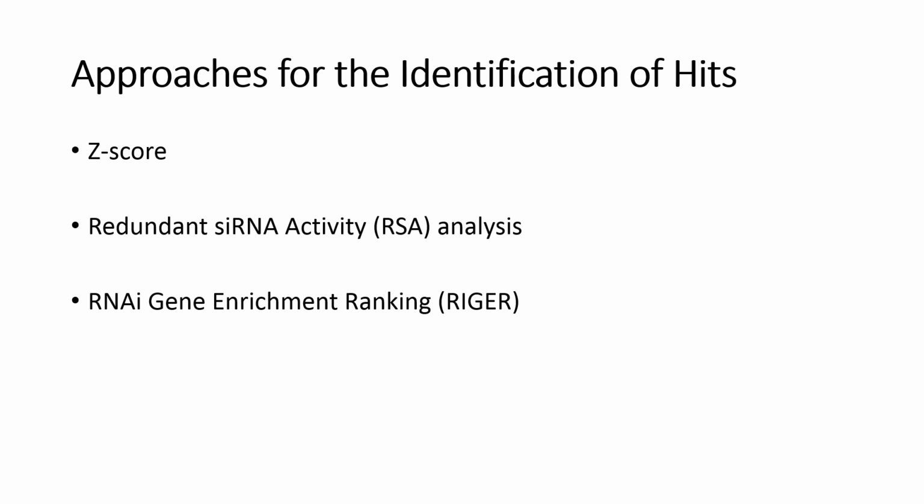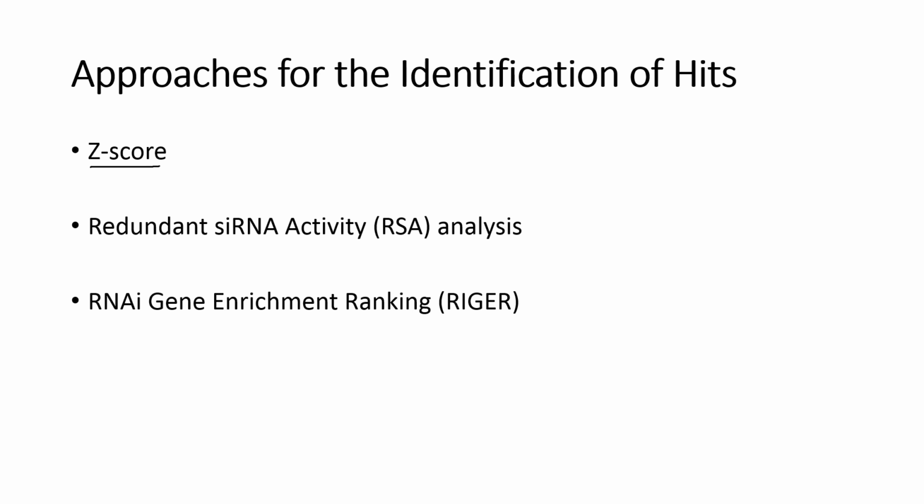In general, there are three approaches that researchers normally use to identify the hits from the RNAi library screen. First, you can use the Z-score cutoff to determine whether the knockdown of a particular gene is significantly associated with the phenotype that you want.